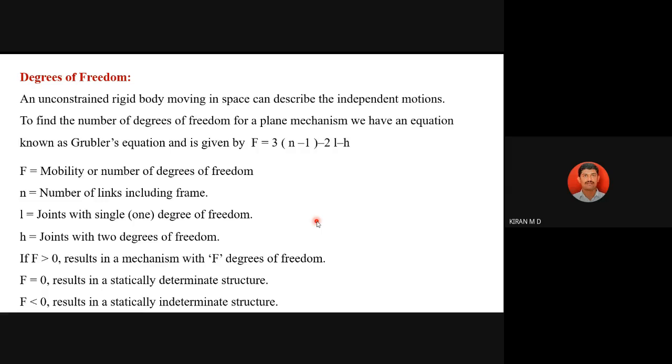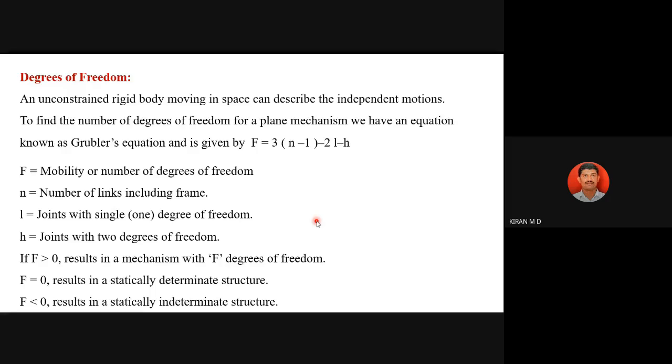If you get less than 0, we call it a statically indeterminate structure. If you give motion to that component, it won't sustain. A structure does not give motion, but a statically indeterminate structure cannot even withstand the static load and will fail. Is it clear?